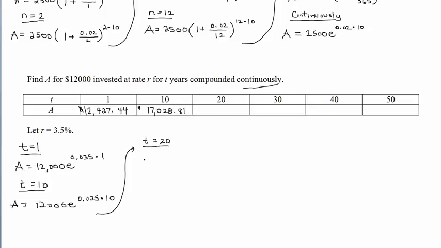Let's see what happens to your $12,000 investment after 20 years. And this is times 20. The amount in your account will be a little more than double, $24,165.03.